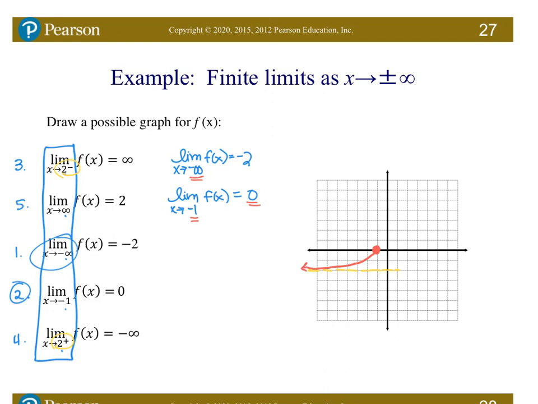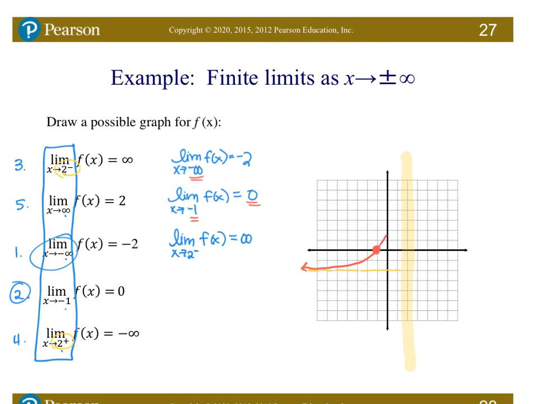Number 3, the third one I want to think about. The limit as x approaches 2 from the left is infinity. That means I have a vertical asymptote. So at 2 from the left, I have a vertical asymptote here, and it's positive infinity.